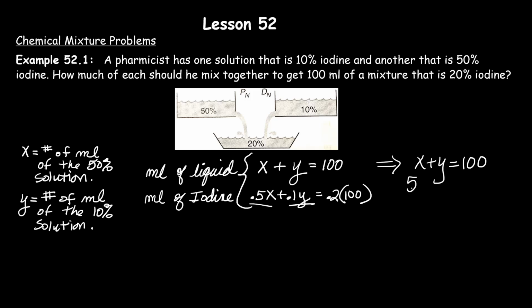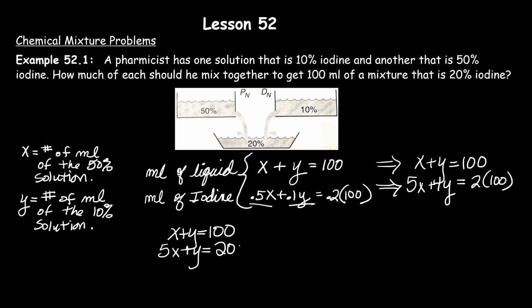So I'm going to have 5x plus y equals 2 times 100. So I just multiplied that equation by 10. All right, I'm going to come back over here and write the equations again. So x plus y equals 100, and 5x plus y is equal to 200.